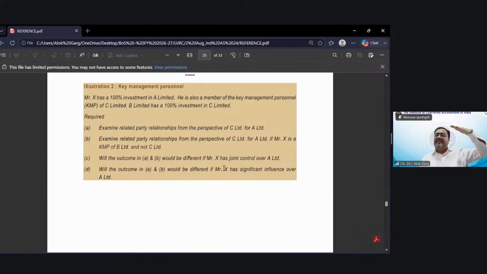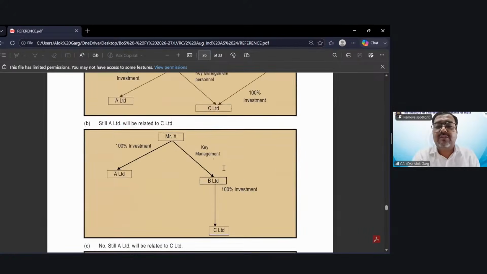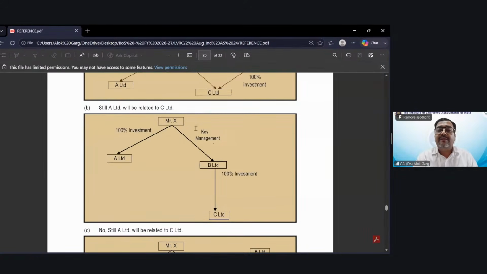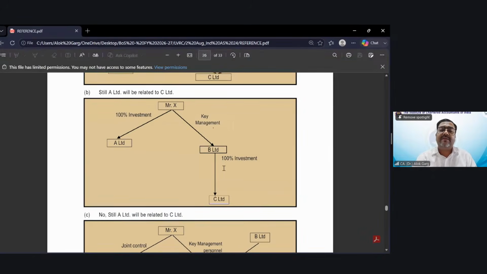If a person has control in one entity and is a KMP of the reporting entity or the parent of the reporting entity, then the entity he controls and the reporting entity both become related parties. So in this case also, Mr. X has control over A Limited, Mr. X is a KMP of B Limited, B Limited is the parent of C Limited, so A Limited will still be related to C Limited.